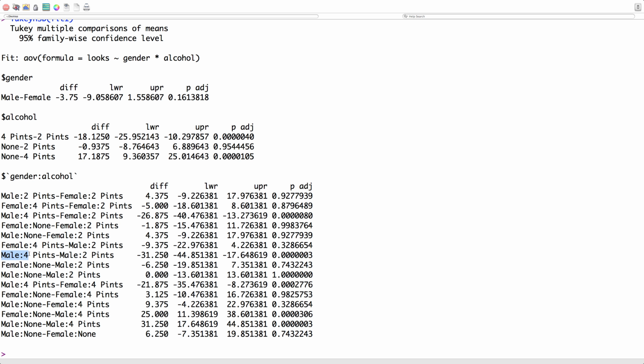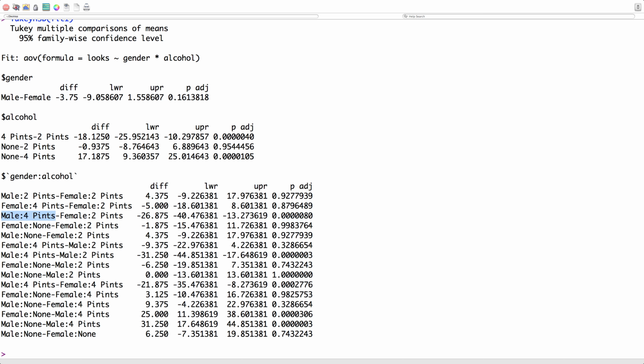There's also a statistically significant difference between males who drank 4 pints and males who drank 2 pints. And a statistically significant difference between males who drank 4 pints and females who drank 4 pints. And we've got statistical significance down here between females who drank none and males who drank 4 pints, and between males who drank none and males who drank 4 pints.